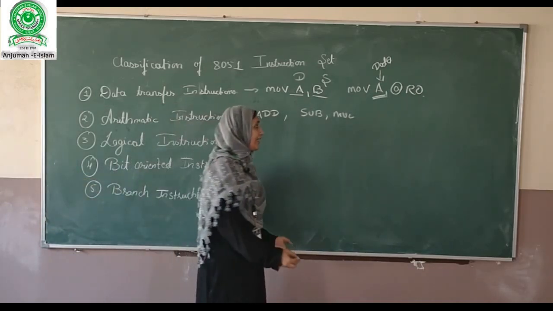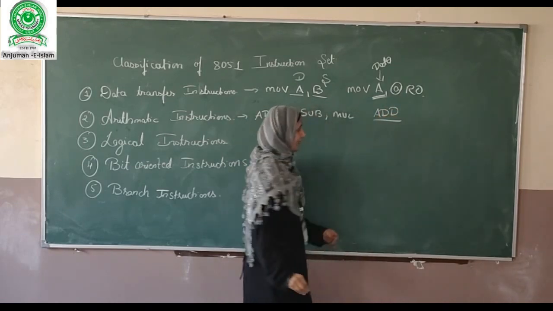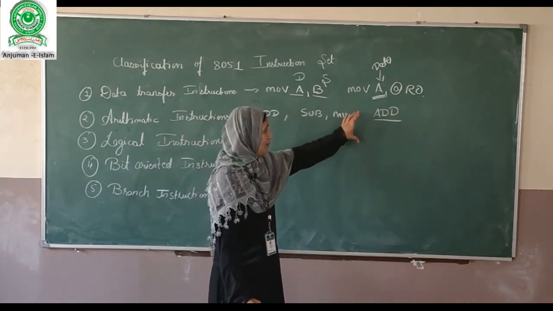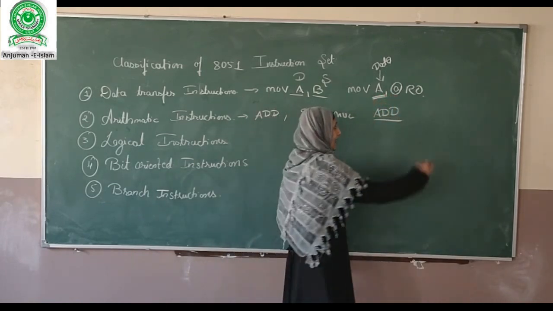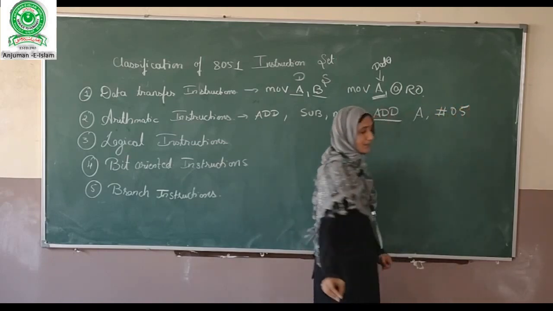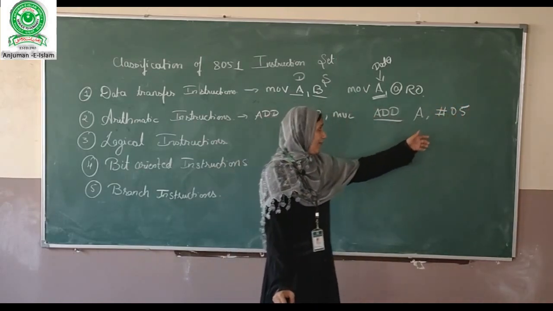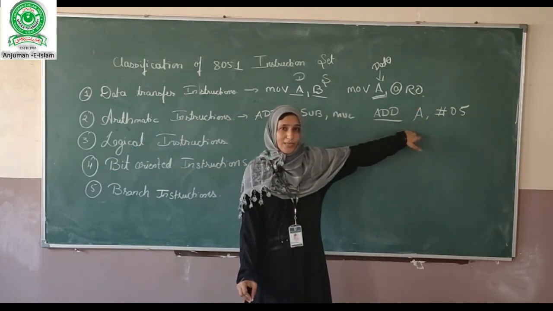Now how are you going to write it? First write down the opcode. This instruction is going to perform the function of addition. So what all is it going to add? ADD A, #05. This is the data 05. It will be added with the content which is present in the accumulator.